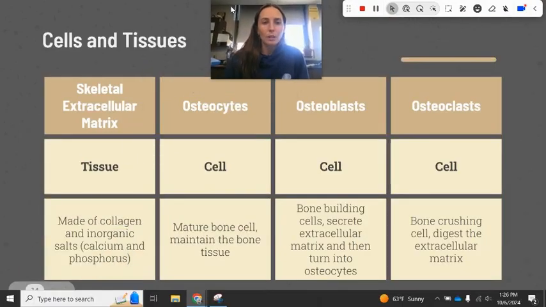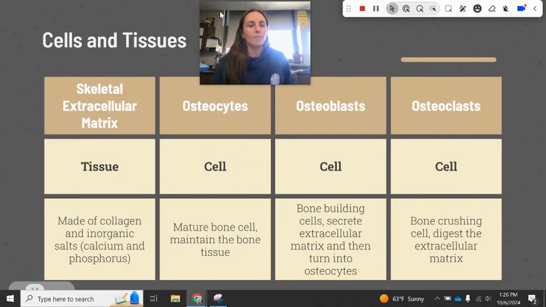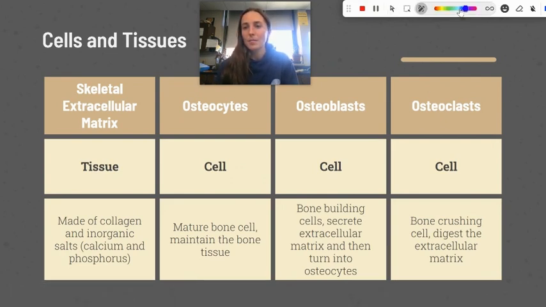All right, so to truly understand this, we're going to look at some tissues and cells here. This first one, the skeletal extracellular matrix, we're going to classify that as a tissue. It's made up of collagen and inorganic salts, really calcium and phosphorus here. And if I'm somebody who's taking good notes, right? The calcium, something we've already talked about in our last unit. That's going to be a big one in terms of maintaining homeostasis in the body.